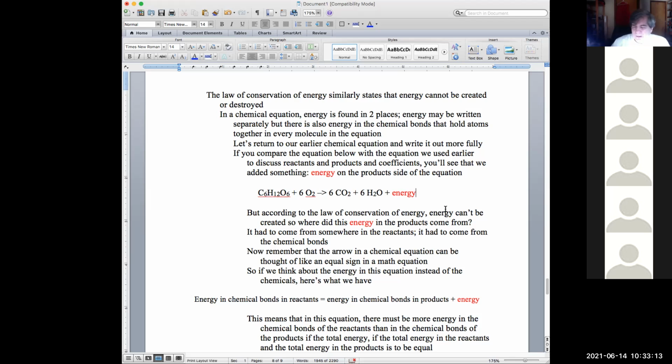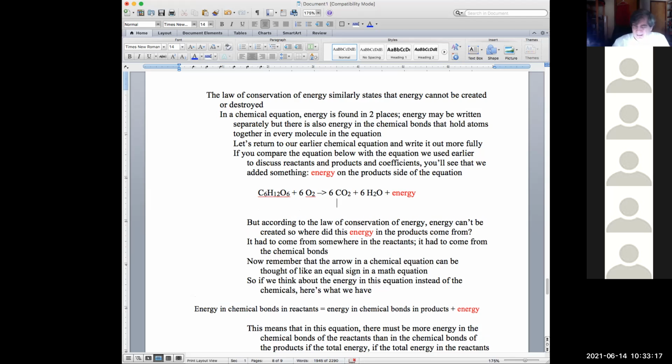So what we really have here is the energy that's in the chemical bonds of the reactants.